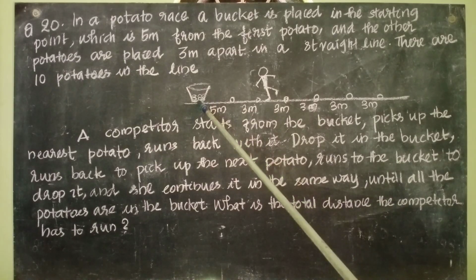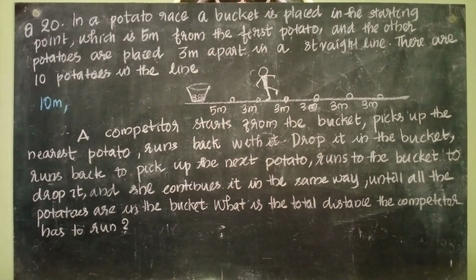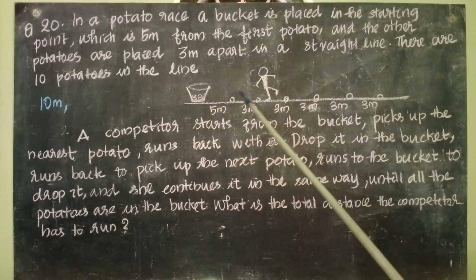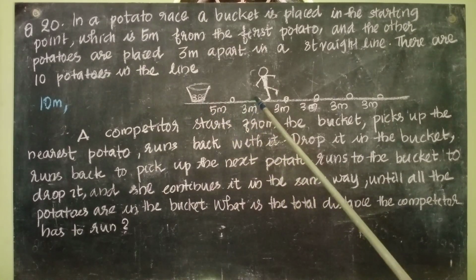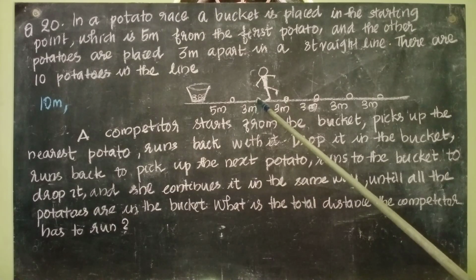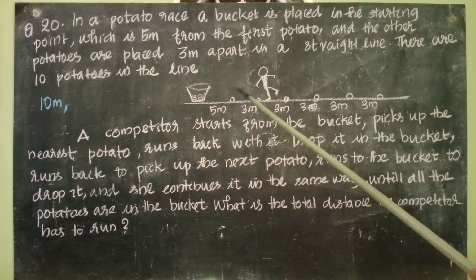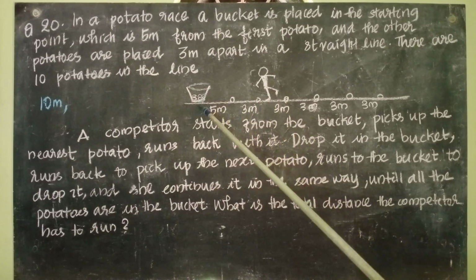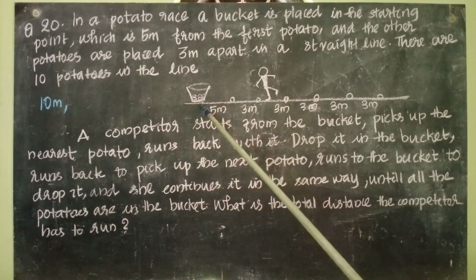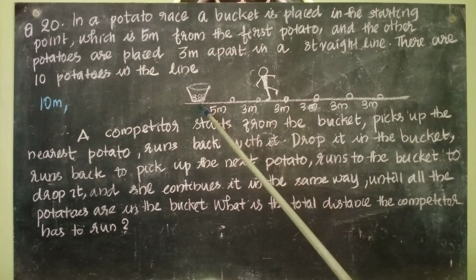So total he will complete 10 meters in the first round. Next he has to start from the bucket. He has to reach the second potato. Second potato is 5 plus 3, 8 meters away from the bucket. He has to reach the second potato and go back. So total 8 plus 8, 16 meters he has to cover.